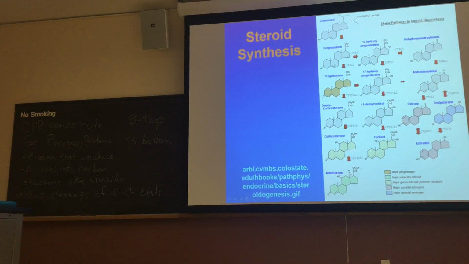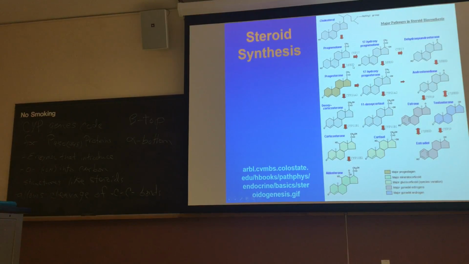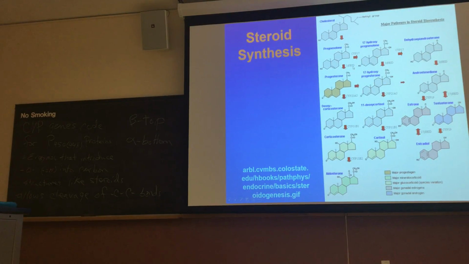Hydrogen can be moved on or off these molecules using what are called oxidoreductases. They're also called hydroxysteroid dehydrogenases. They tend to work in either direction. So I can go from here to here. I can also go back from here to here.